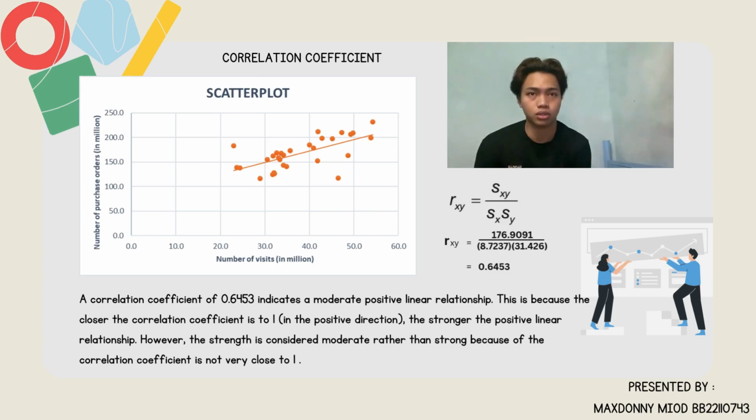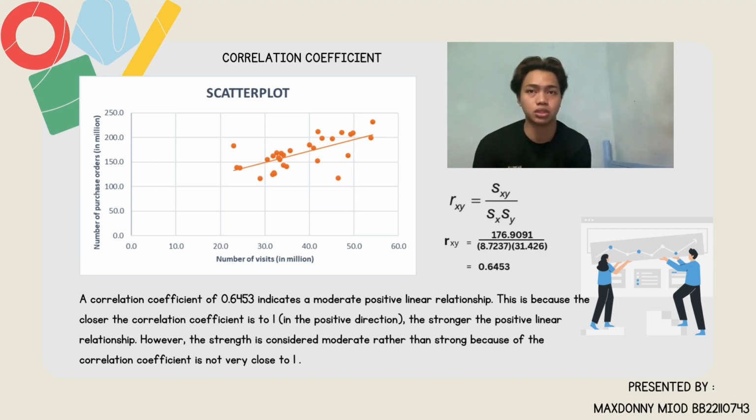We got Rxy equals 176.9091 divided by 8.7237 multiplied by 31.426, and we got the answer 0.6453. A correlation coefficient of 0.6453 indicates a moderate positive linear relationship.